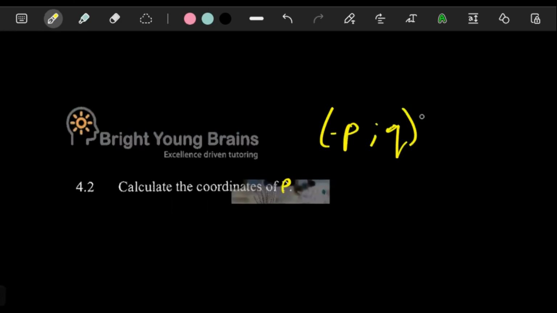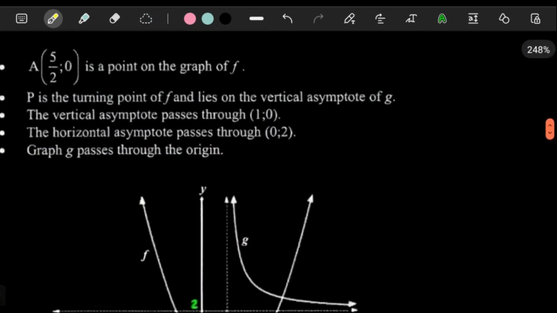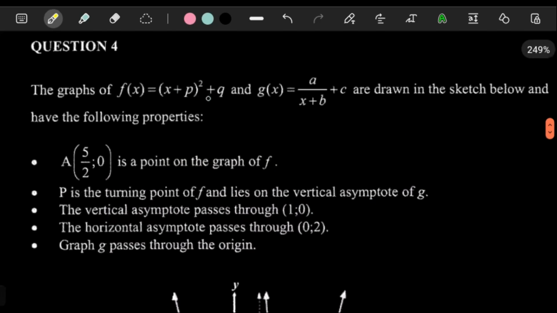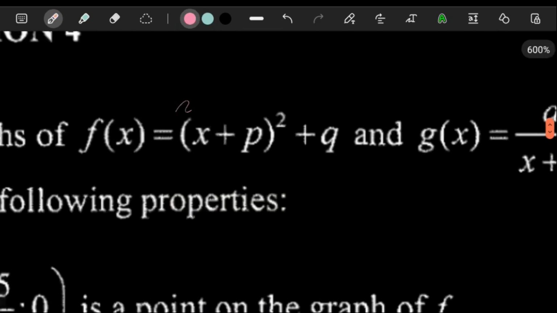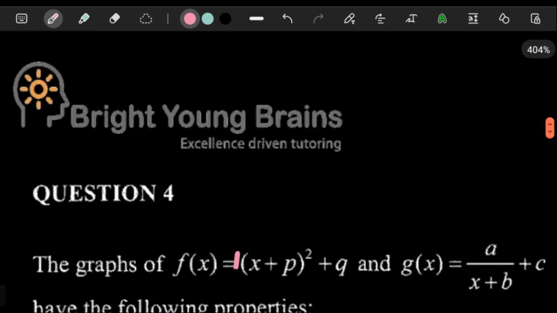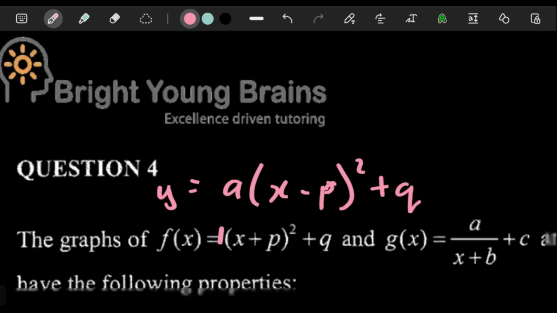You see this here, and this represents the turning point. So in our equation of our parabola, there's already a 1 given in front, because this format here is y is equal to a(x minus p) squared plus q, right?